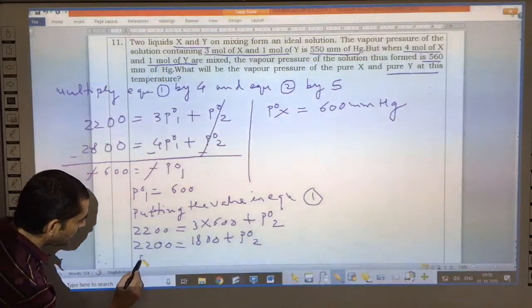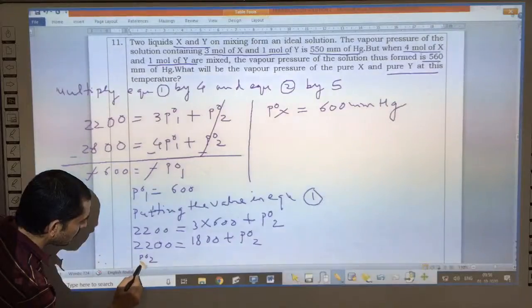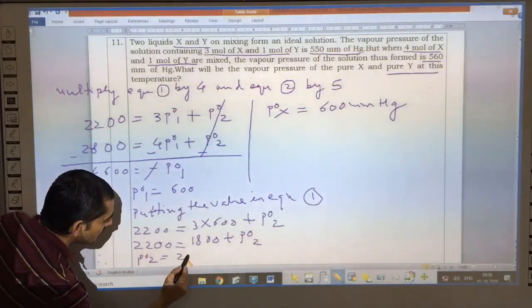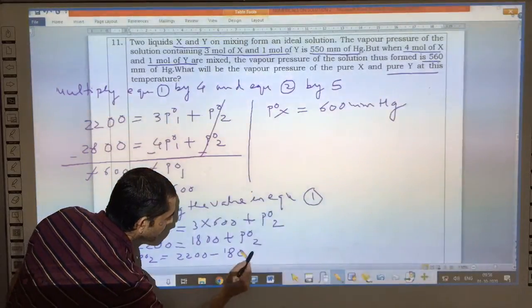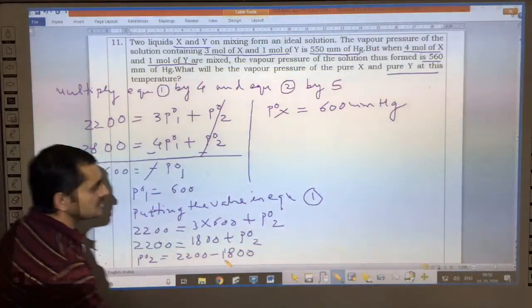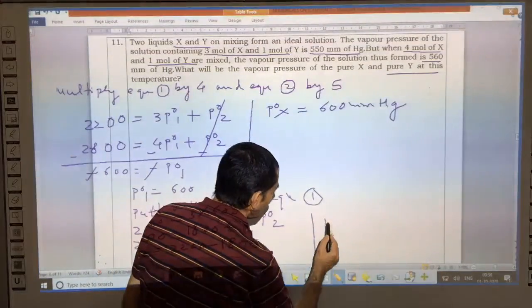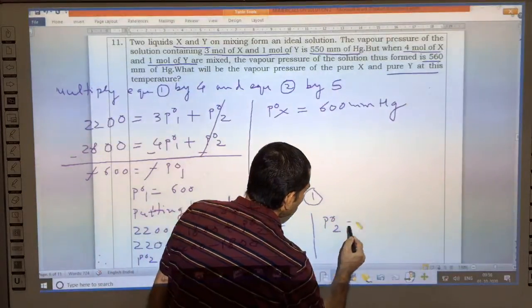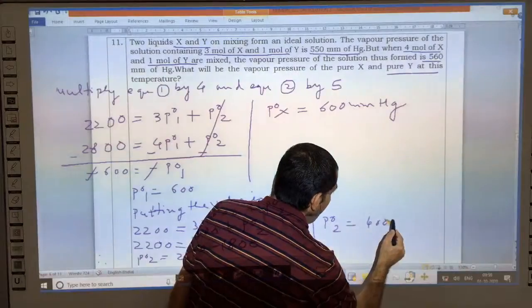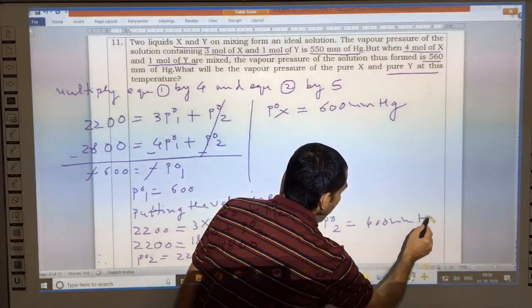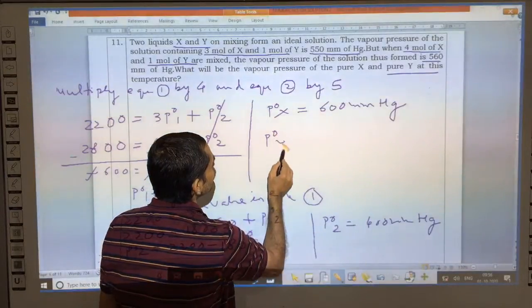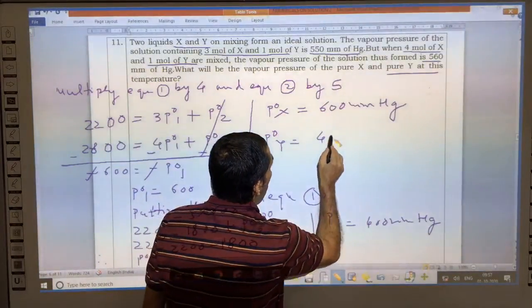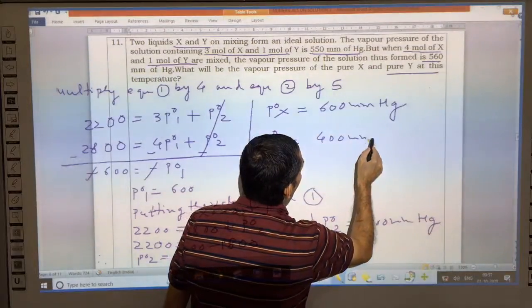So P02 will be equal to 2200 minus 1800, which is 400. Therefore, P02 is equal to 400 mmHg. We have got our answer for both parts. So the pure vapor pressure of component Y is equal to 400 mmHg.